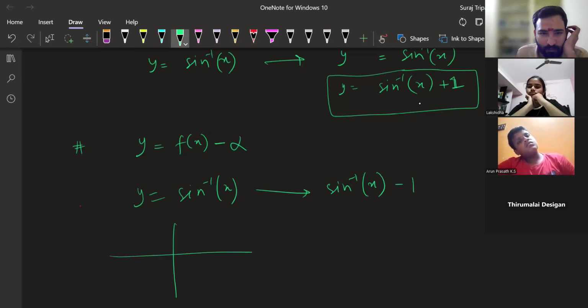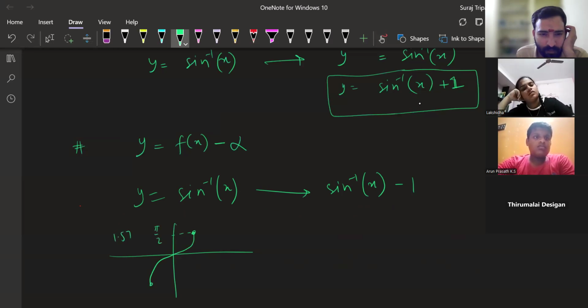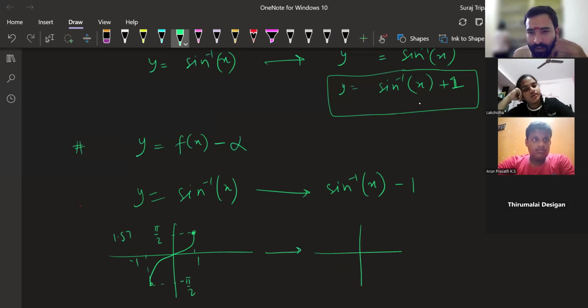So this is the graph of sine inverse x. This is pi by 2. Pi by 2 is 1.57 something. This number is minus pi by 2. The x-axis will remain the same. This is 1. So for this graph, we are subtracting something from sine inverse x, so the graph will go down. Suppose this point is here. This was 1.57.